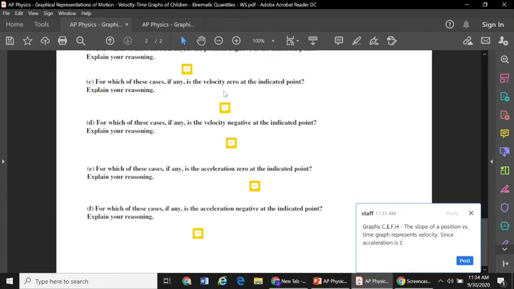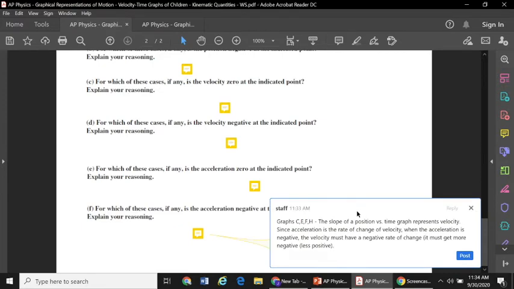Since acceleration is the rate of change of velocity, when the acceleration is negative, velocity must have a negative rate of change, or in other words, it must get more negative or less positive. That one, in my opinion, is for sure the most complicated one on this sheet.